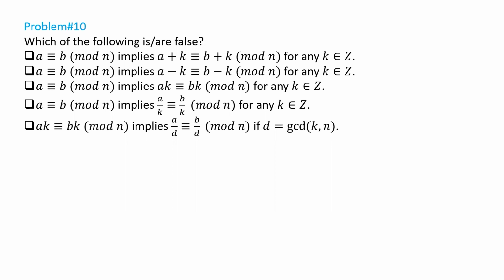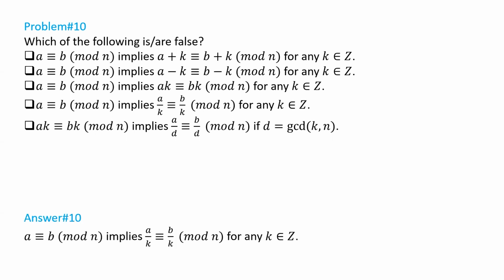So a divided by d will actually be congruent to b divided by d mod n. Okay. So basically the only false statement here is the fourth statement.